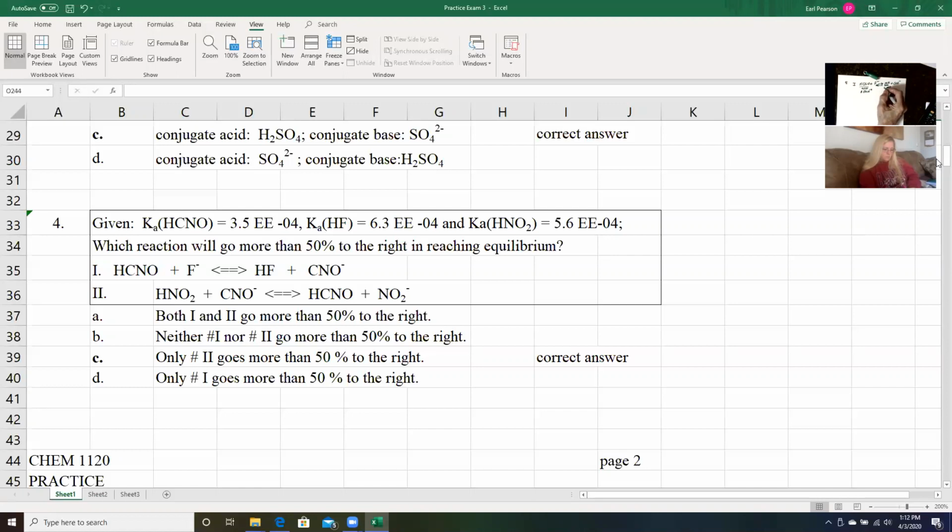The HF is the second one, 6.3 times 10 to the minus 4. So if I'm comparing these two, 6.3 times 10 to the minus 4 is bigger than 3.5 times 10 to the minus 4. So this is the stronger of the two acids. That will push the equilibrium more than 50% in this direction.